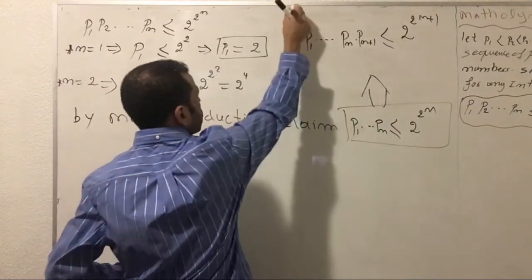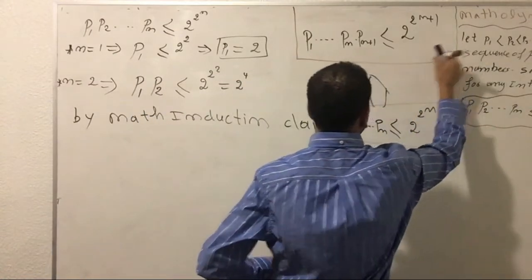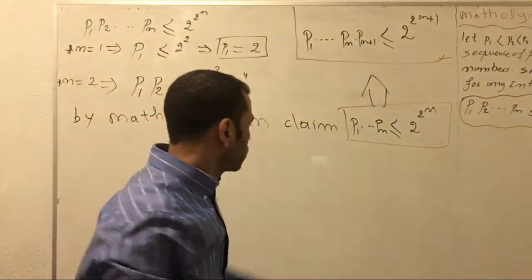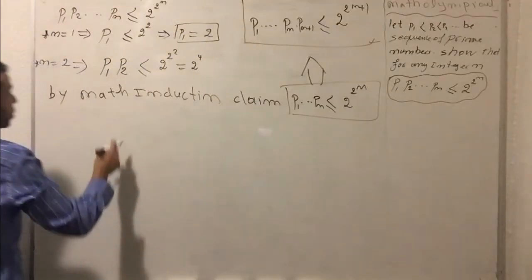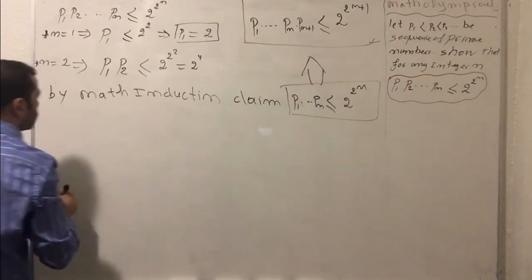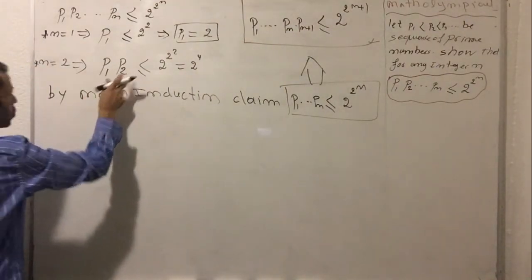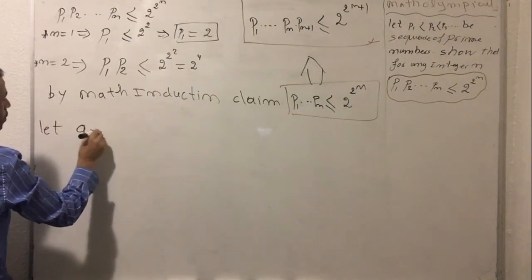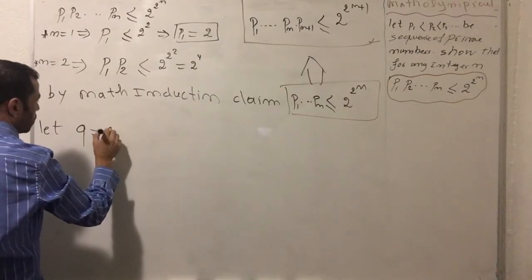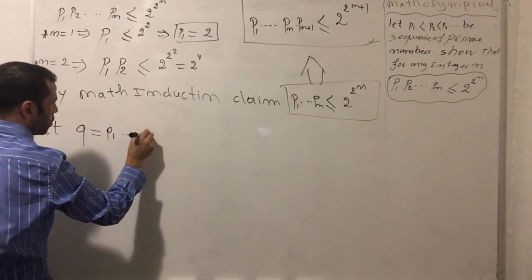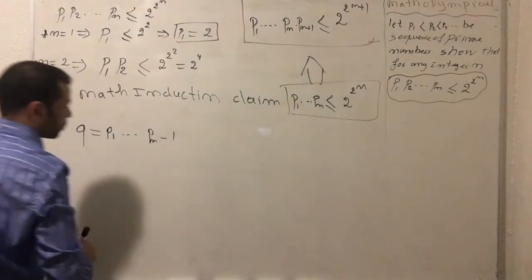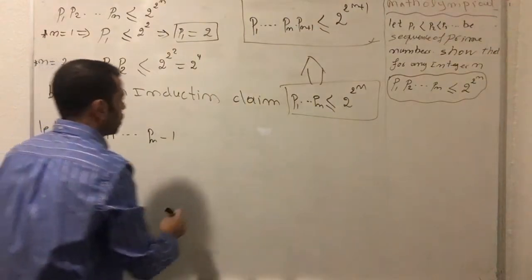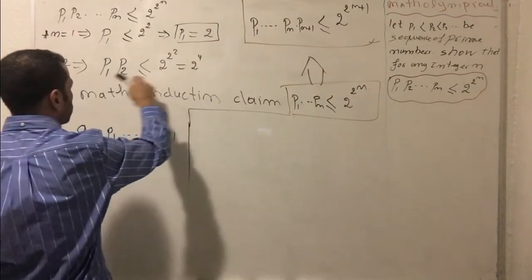This is what's required, so we have to prove this in order to consider the claim true. So let's take a look first at what this is. For example, let's put Q equal to P1 through Pn minus 1. I will tell you in a second why I'm choosing this one. I'm going to work on this one first.